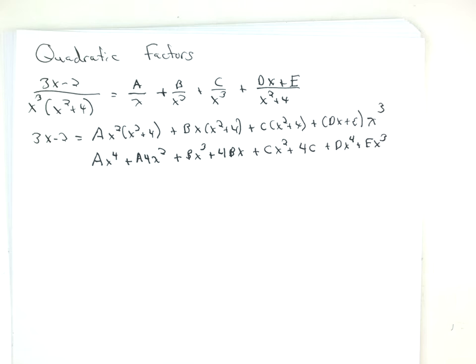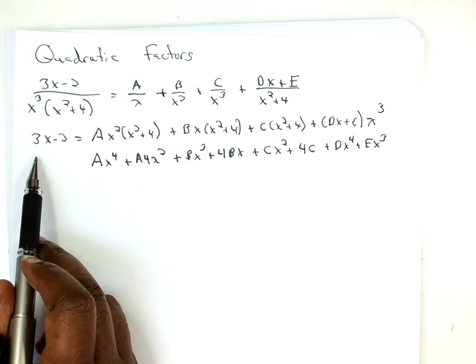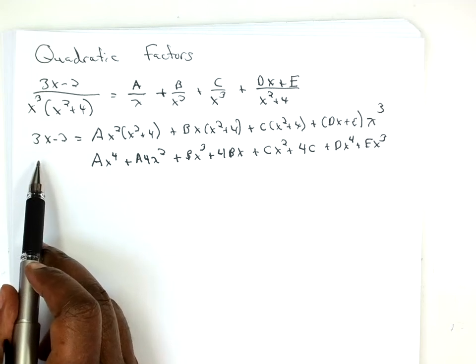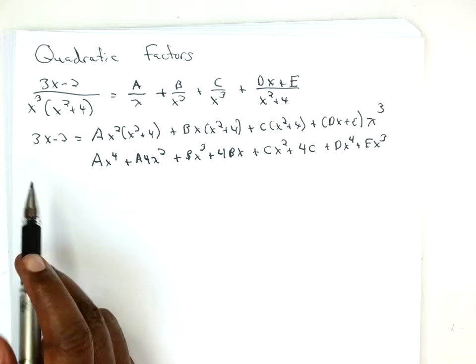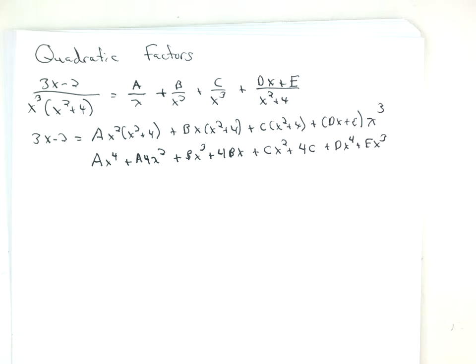Alright, so now I want to group things together. If I notice on the other side, there is no x to the 4th term, there is no x cubed term, there is no x squared term. So when I group those together, the coefficients have to equal 0.